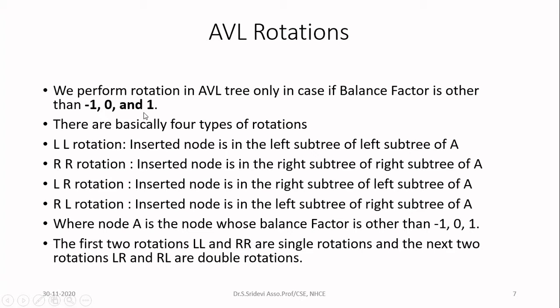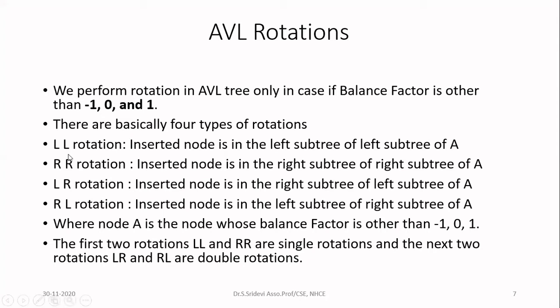We have basically 4 different types of rotations. They depend upon in which direction you are inserting a new element, because whenever you insert a new element, at that time the balance factor will be affected. So you have to see what is the latest element you have included and in which direction of the tree it is included. Based upon that, we have rotations.